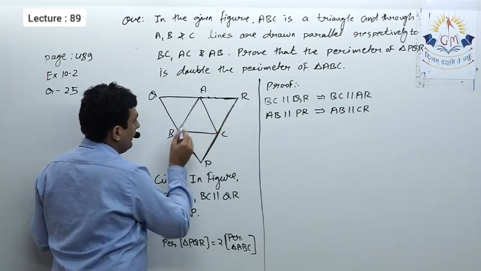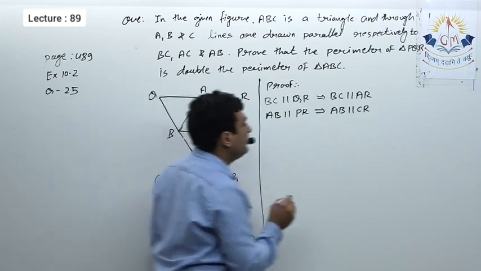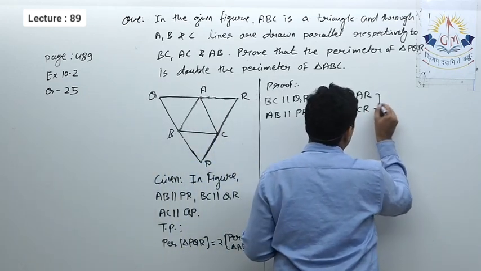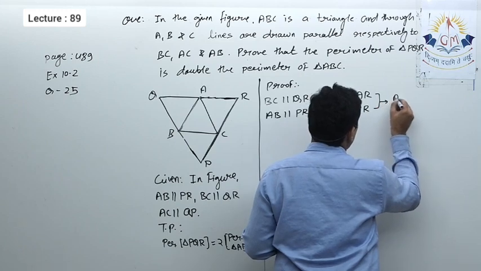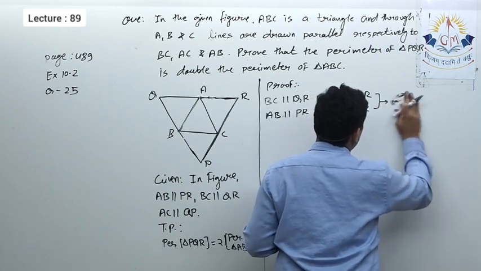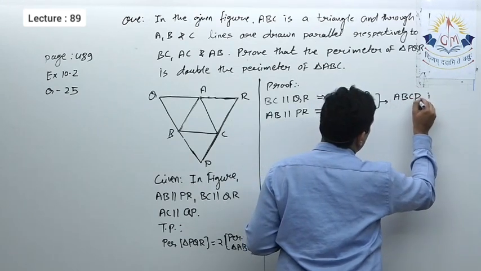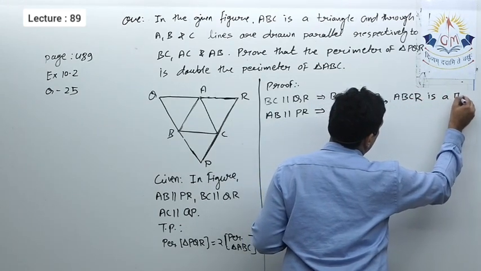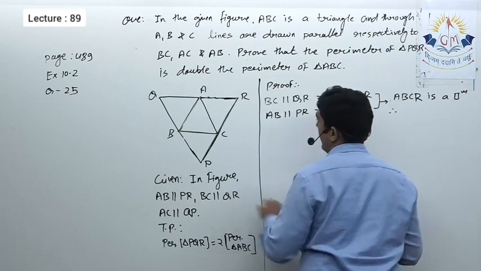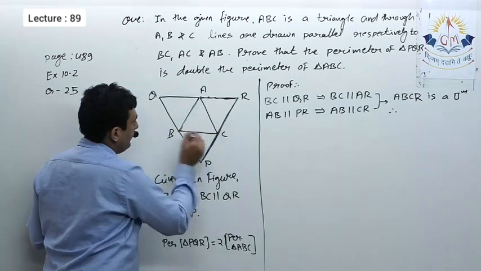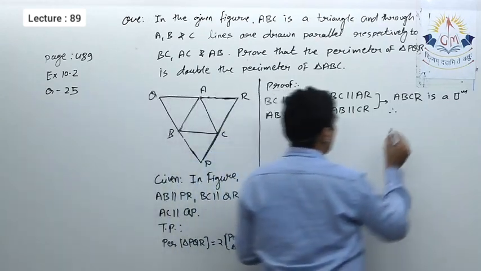So by combining these two I can conclude ABCR is a parallelogram, and hence I can say BC equal to AR.